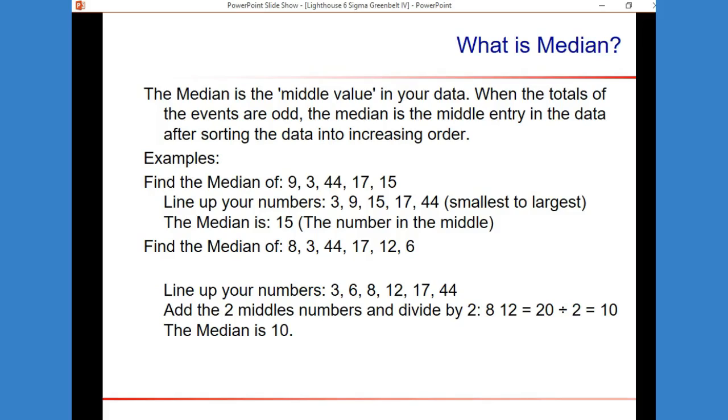With an odd number, if I line up all my numbers in order, I can say, out of all those numbers, my middle value is 15. So it's real easy with an odd number. With an even number, I would take the 2 in the middle, add them together, and divide by 2 to get that middle value. So it's not an average, but it's just which one is smack dab in the middle.